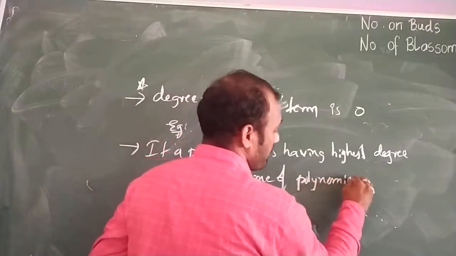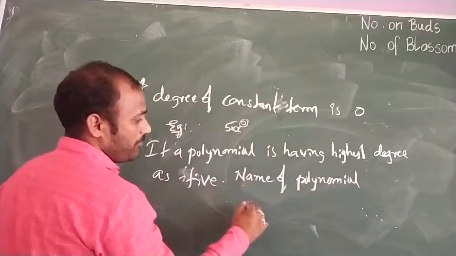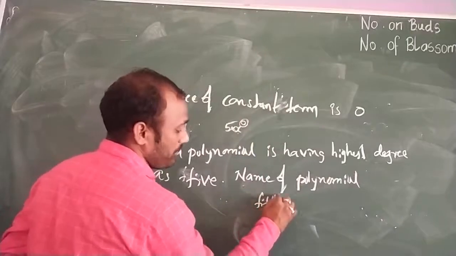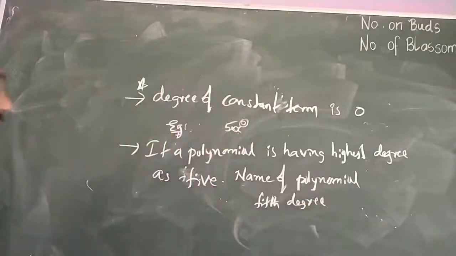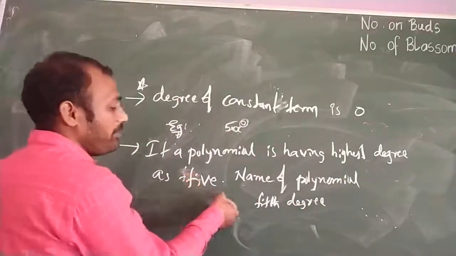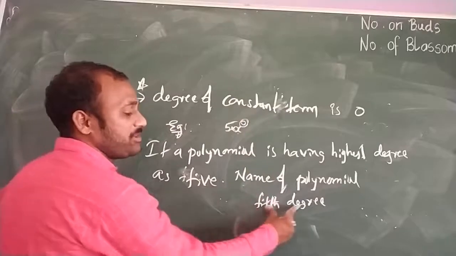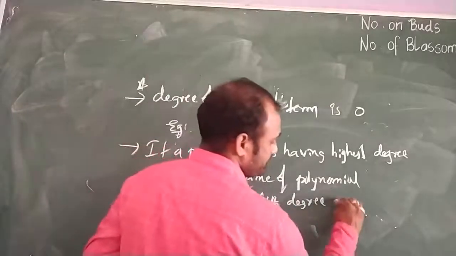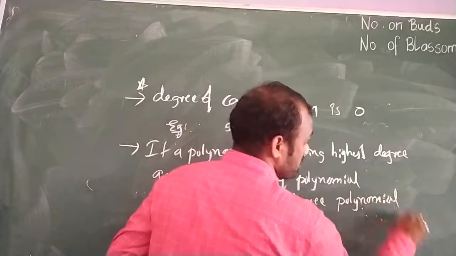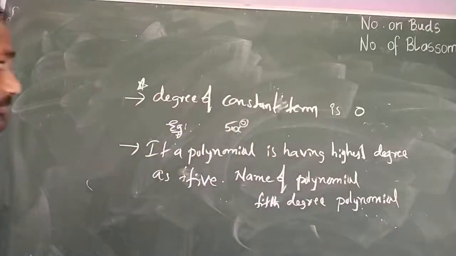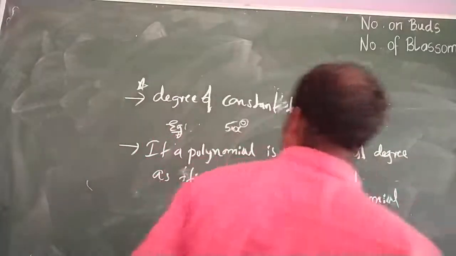That name of the polynomial we will call a 5th degree polynomial. Remember that, fifth degree polynomial. Instead of 5 it may be anything. If I take 7, it is a seventh degree polynomial. These are the 2 points to remember.